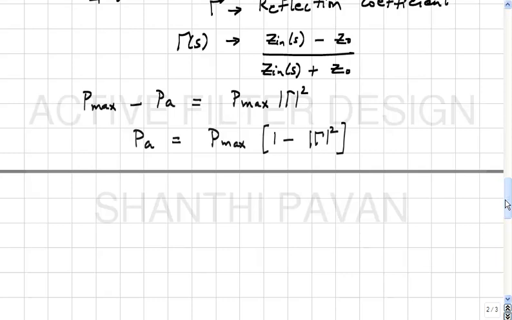The difference between these two, you can think of as power that is coming and some of it being reflected back into the source. Therefore, the power that is dissipated in Zn of s is P max times 1 minus mod gamma square, where gamma is the reflection coefficient, and you get the squared magnitude of the reflection coefficient. Is this clear?